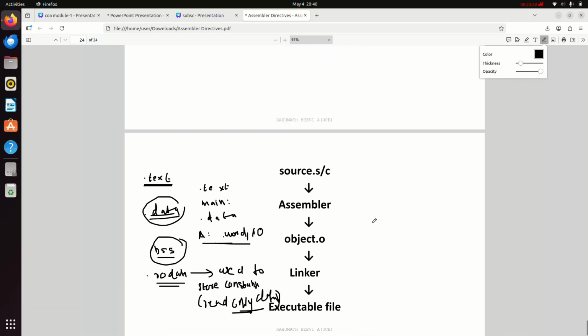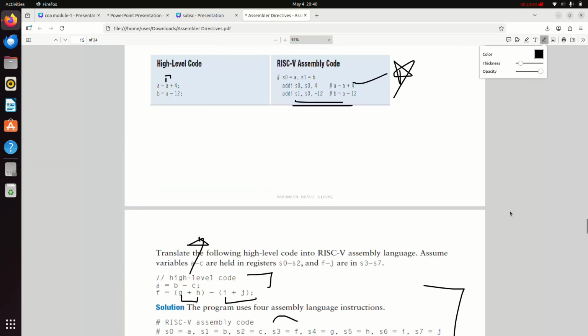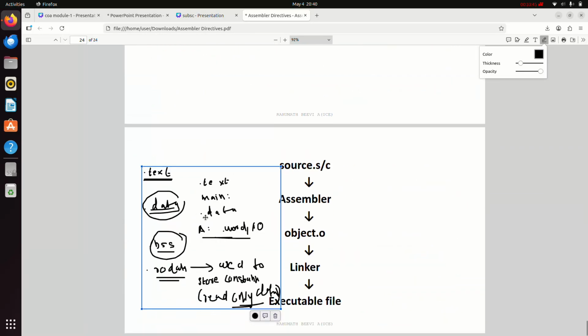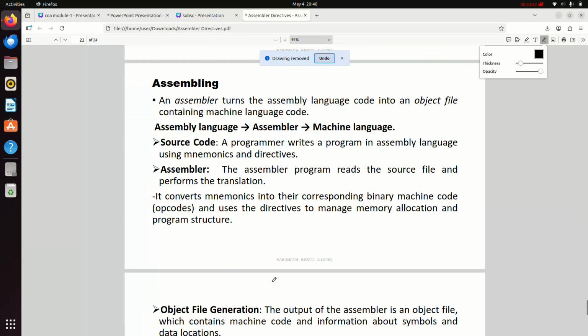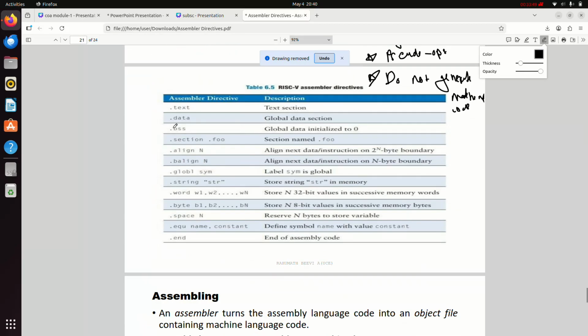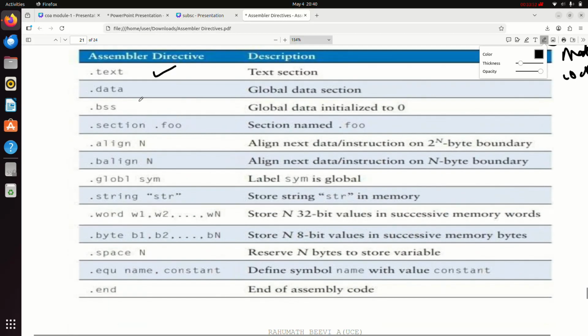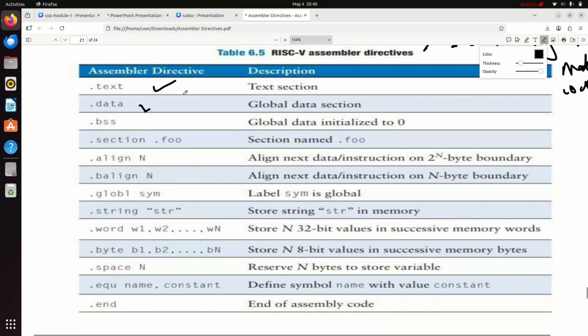So I wanted to discuss some more examples of these assembler directives. These are the important directives we have to discuss here. So in this table, .text contains the text section, .data contains the global data section, .bss means what?